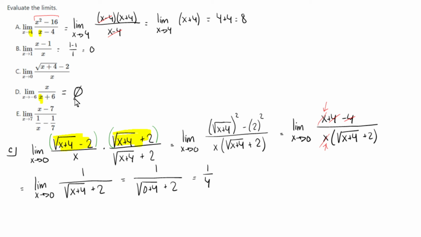Okay. In E, we need to simplify this. So I'm going to do that on a separate page just to make sure I have enough space. So in E, we have the limit as x tends to 7 of the following expression, x minus 7 over 1 over x minus 1 over 7.